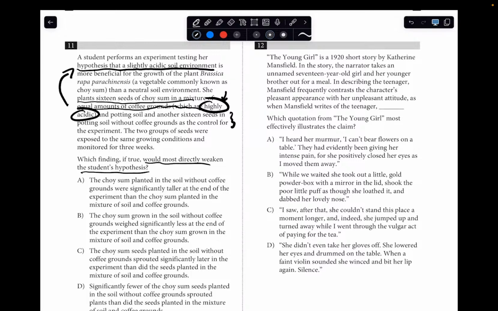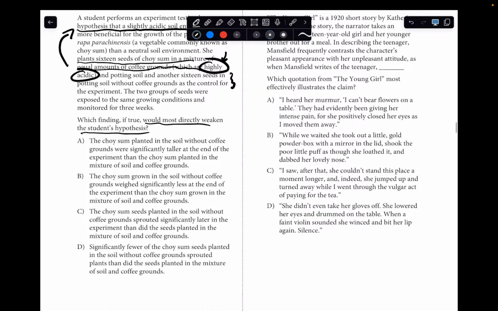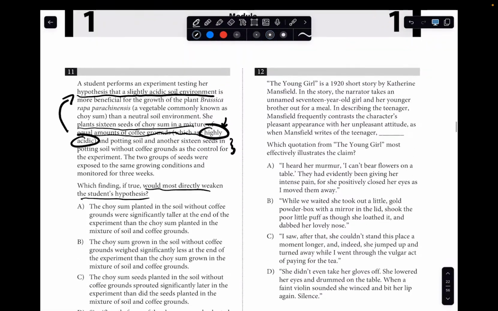If the hypothesis were correct, the plants in the more acidic environment, so the one with the coffee grounds, would grow faster than those in the control group. However, choice A proposes a scenario in which the plants without the acidic soil grow significantly taller than that of plants that grow in the acidic mixture. So there's just a lot going on with that one. That was kind of tough.